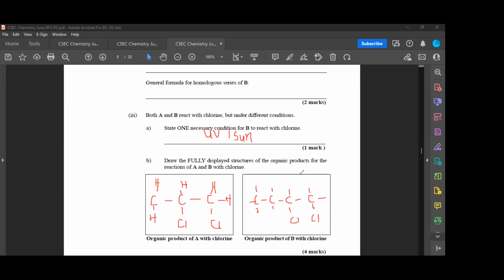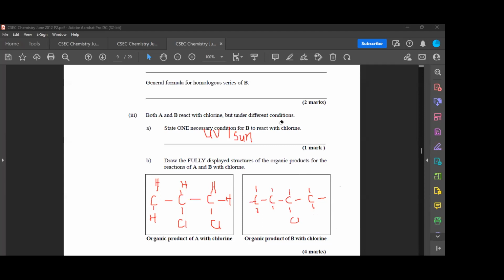Question, sir. Yes, go ahead. Sir, can the 2 chlorine go anywhere on the chain, sir? Well, no. In fact, this structure is not correct. Only 1 chlorine can be substituted at a time. That's how unreactive the alkanes are.